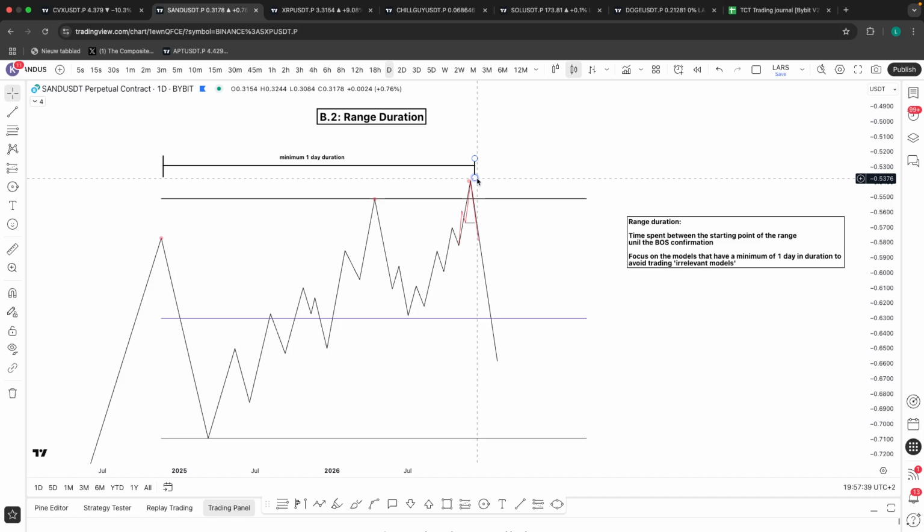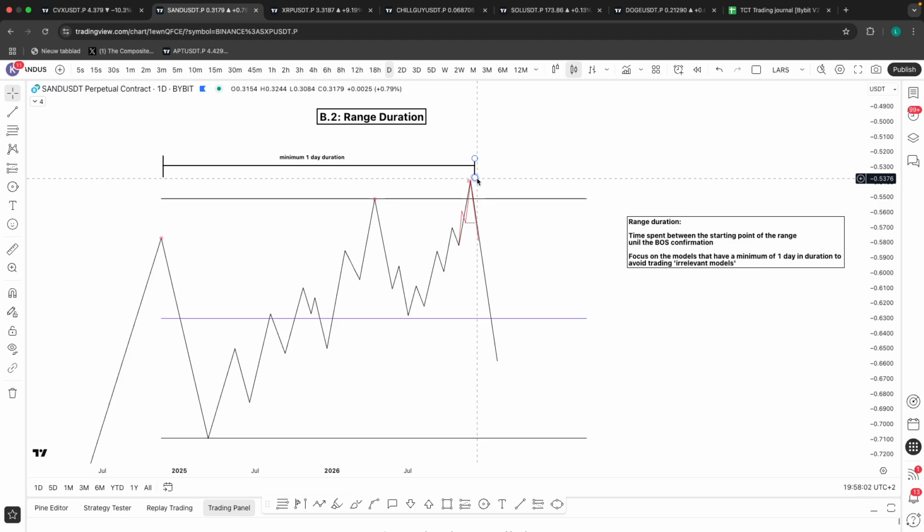But overall, your average, consistent, high probability TCT model will have a minimum range duration of 1 day. So focus on the models that have a minimum of 1 day in duration to avoid trading irrelevant models.